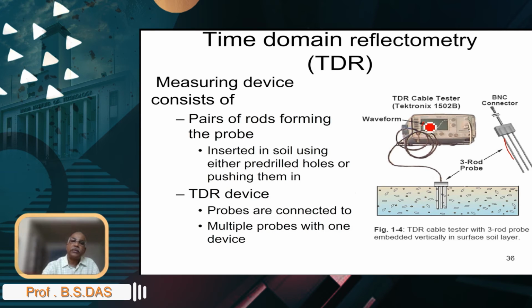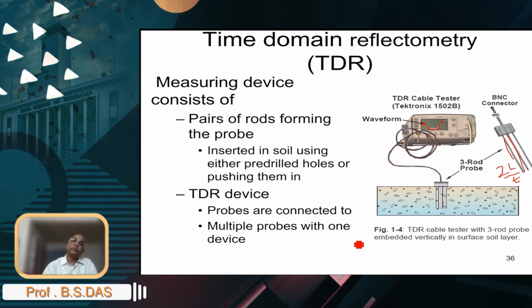As it passes through the soil, you lose part of its energy, which is utilized to polarize the water molecules, and then as this electromagnetic pulse reaches the end of the waveguide, it comes back. That is how you get this twice L over T as the velocity of that pulse. So you could estimate this velocity, and taking the ratio with the speed of light and then squaring it, you get the dielectric constant.